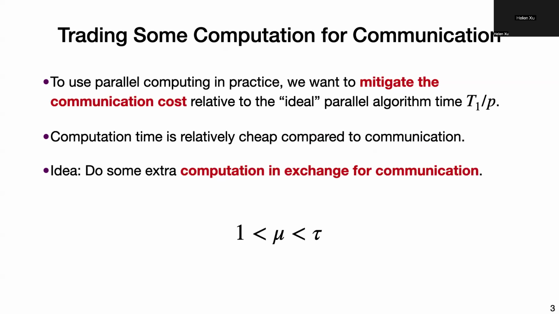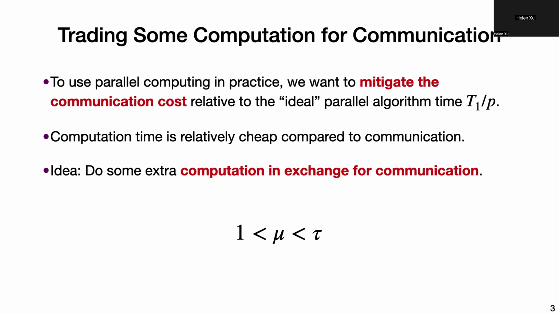Usually you have enough parallelism, you have enough compute. But communication is much slower than computation. So you want to minimize the communication cost, and then you would get closer to this ideal time, which is serial time divided by p. That's the best case scenario in some sense, not counting any communication. That's if you got perfect speedup on p processors, and usually you don't get that because of communication.